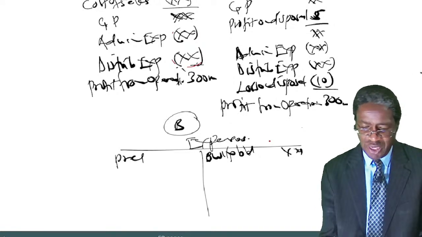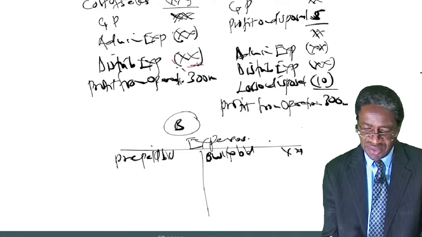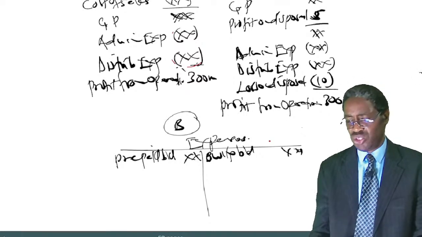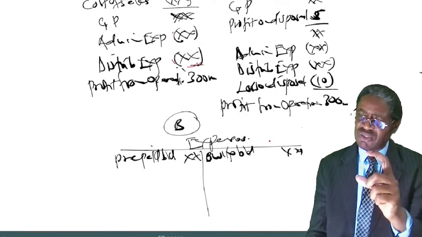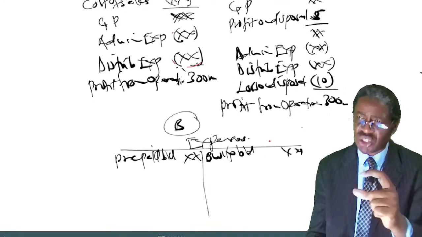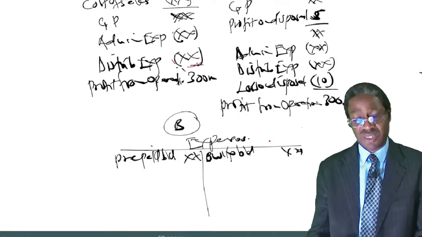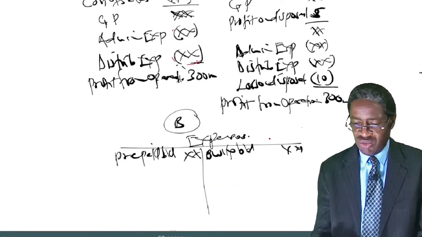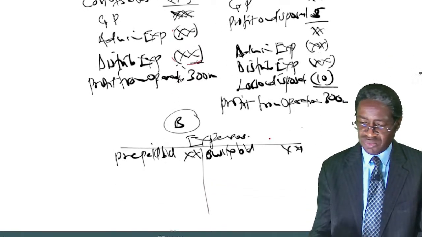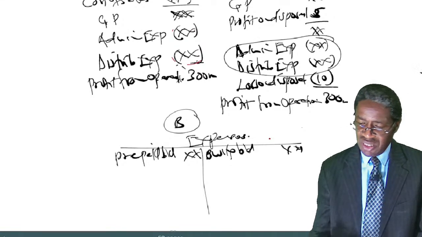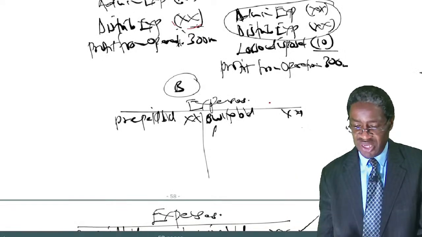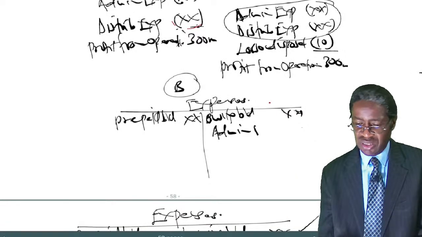Bring down the prepayment. Correct. Go to the income statement. Pick the charge for the year for expenses. What are the charges? Admin and distribution. Those two. Pick them. Whatever they are, bring it here. Admin, whatever it is, and distribution.